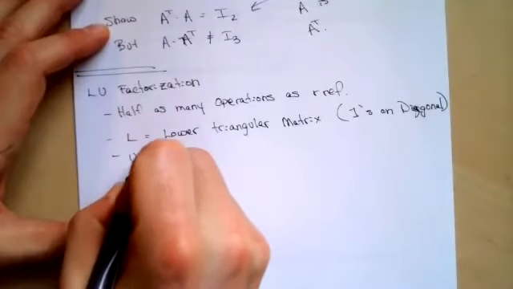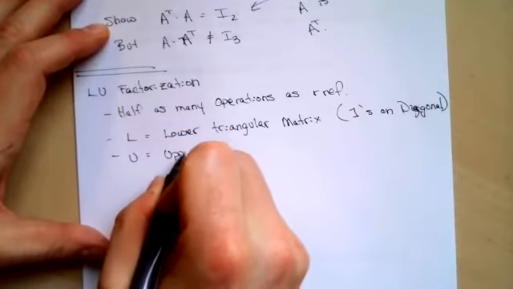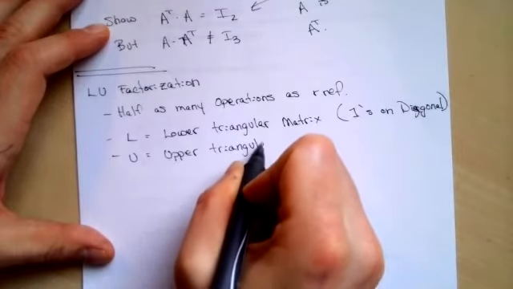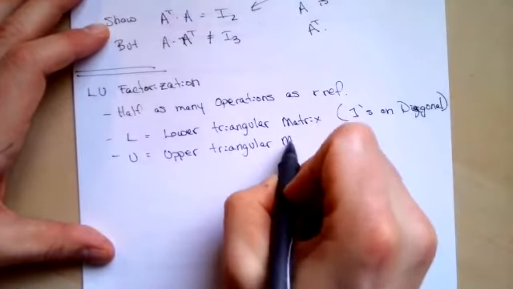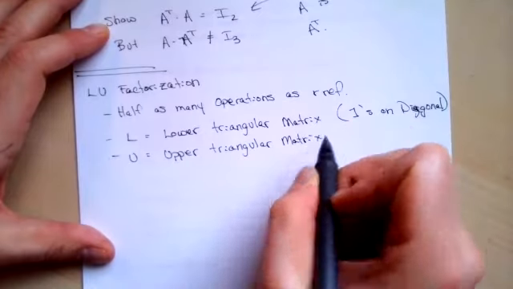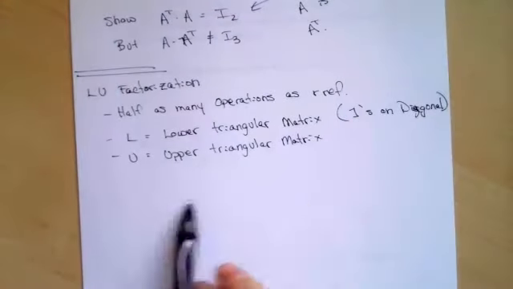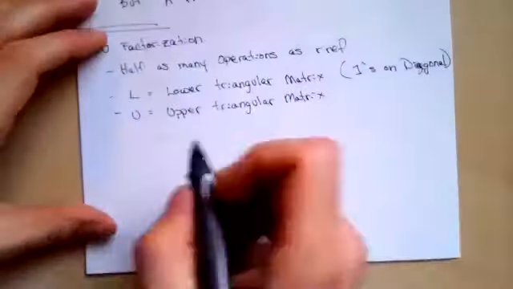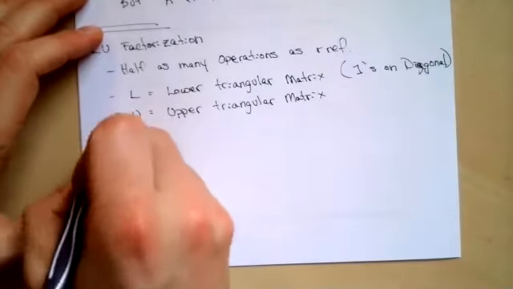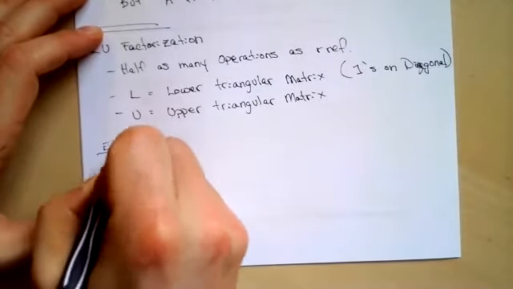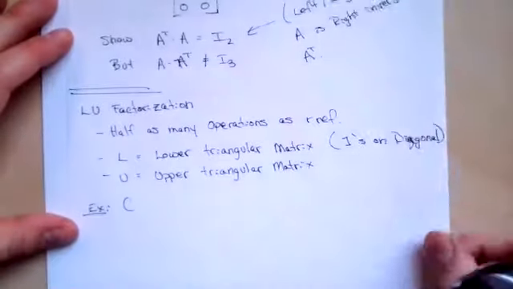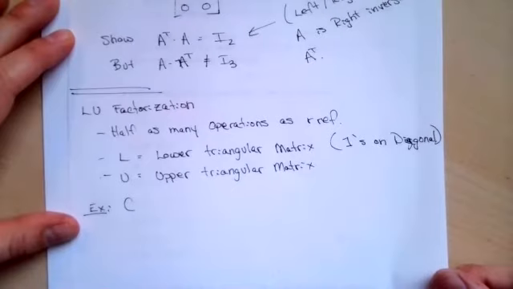The U stands for upper triangular, not necessarily with ones on the diagonal. You'll see what upper and lower triangular are. It's pretty easy to see by example. Essentially what we want to do is, let's give ourselves some space. Let me start a new page. Everyone caught up with notes?